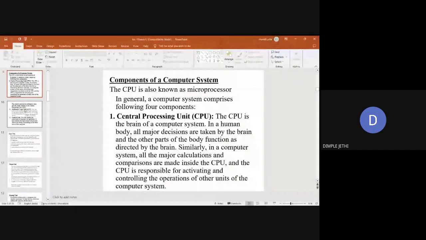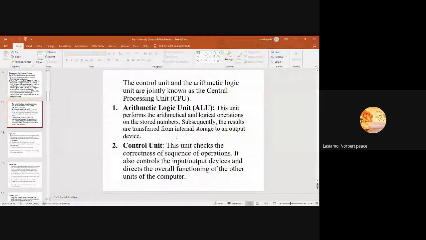CPU can be divided in two parts, ALU and control unit, CU. Now, can you explain? Anyone? Francis, Zomana, now can you explain? I have opened that slide for you. Different parts of CPU.